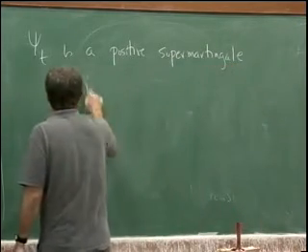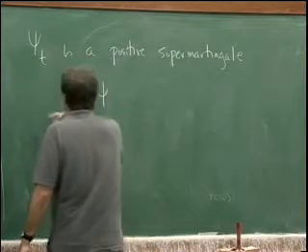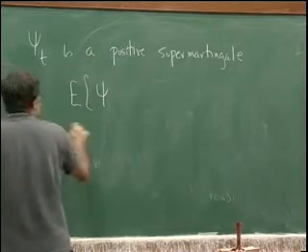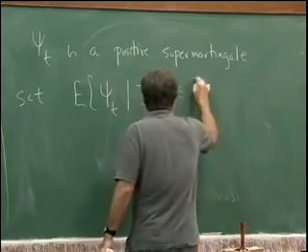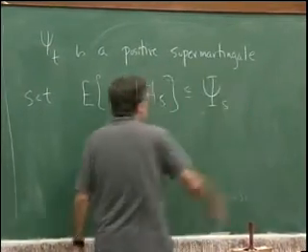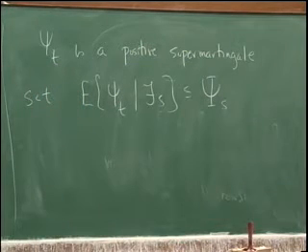Supermartingale means that if s is less than t, the expectation of psi t given F_s is less than or equal to psi s.